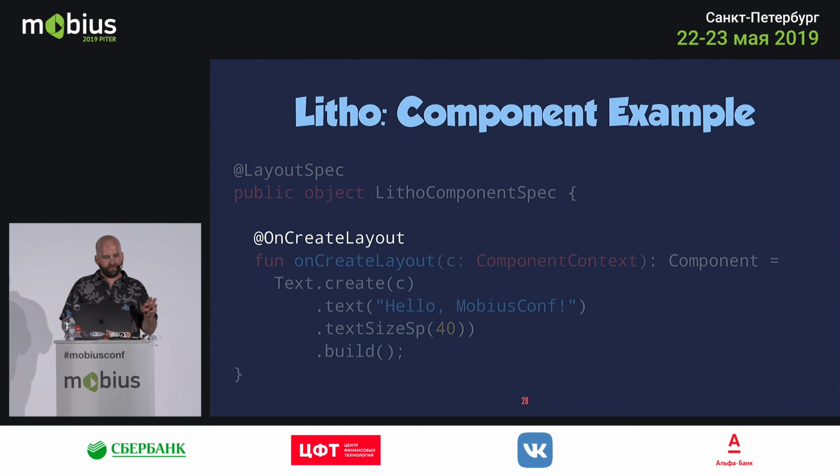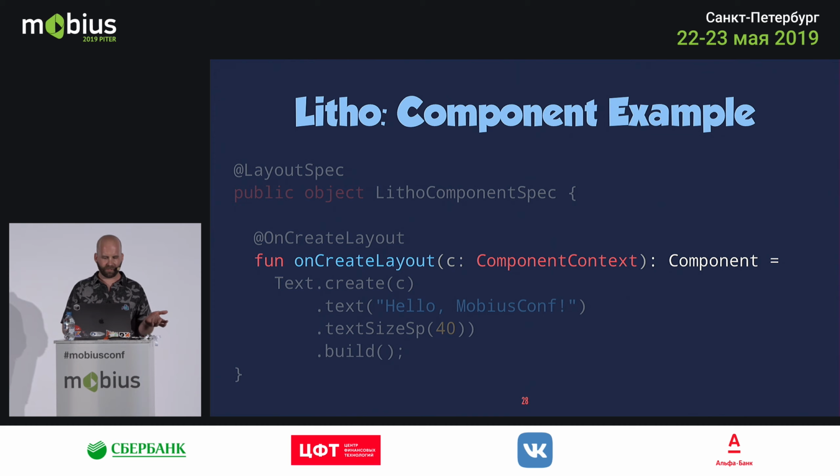Then you have this OnCreateLayout annotation. There are many of them. If you're familiar with React, a lot of these annotations are similar to the React lifecycle methods. In OnCreateLayout, you get this ComponentContext, which is Litho's wrapper around the Android context.